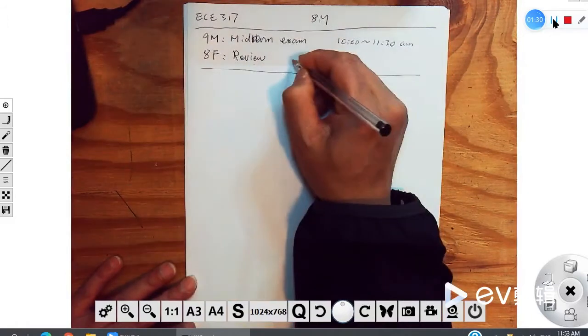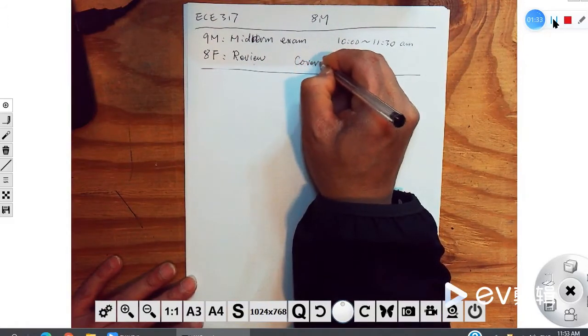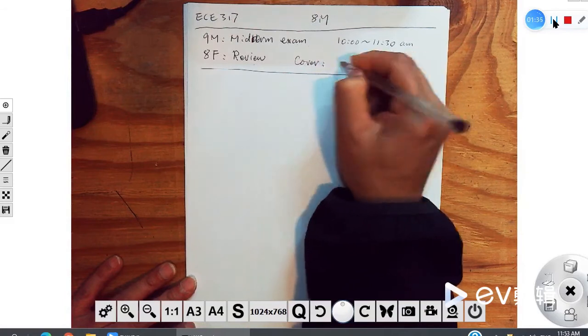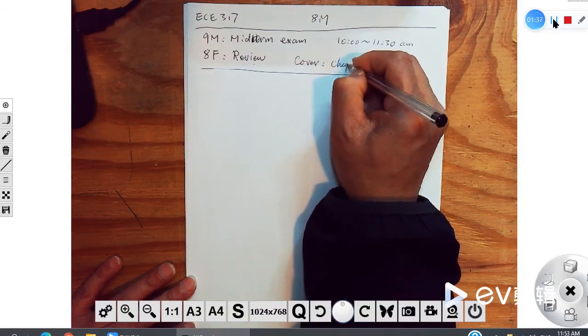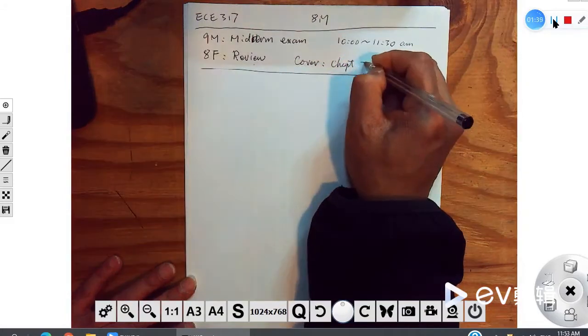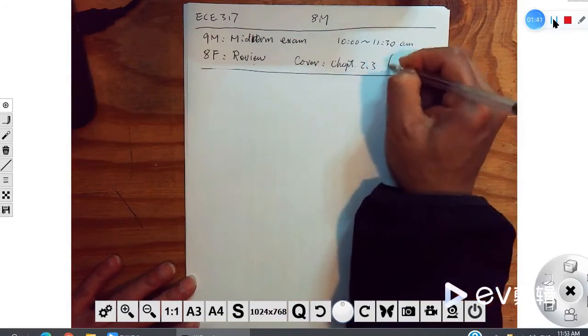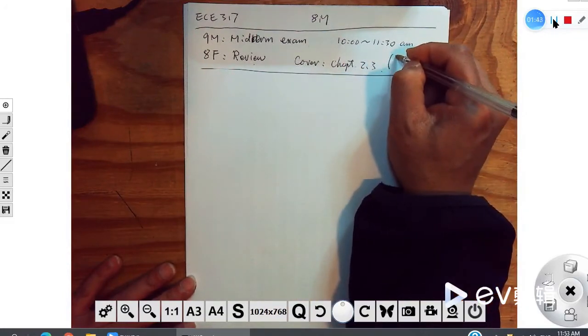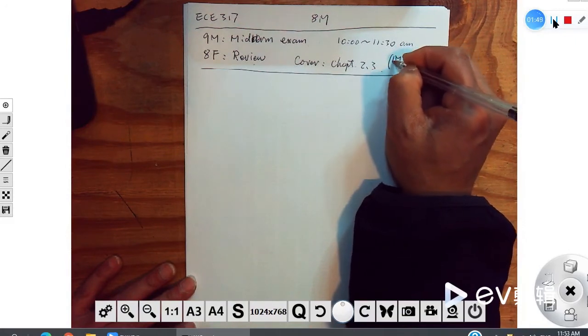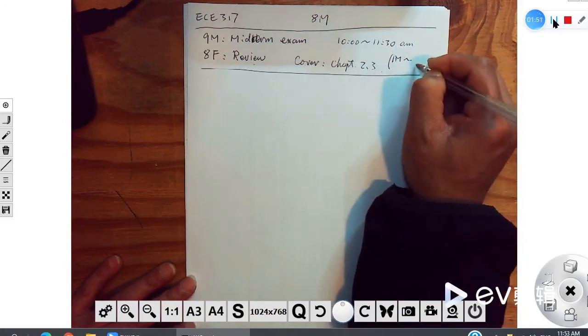The exam will cover chapters 2 and 3, from the beginning of the class, the first week Monday, until the 8th week Wednesday.